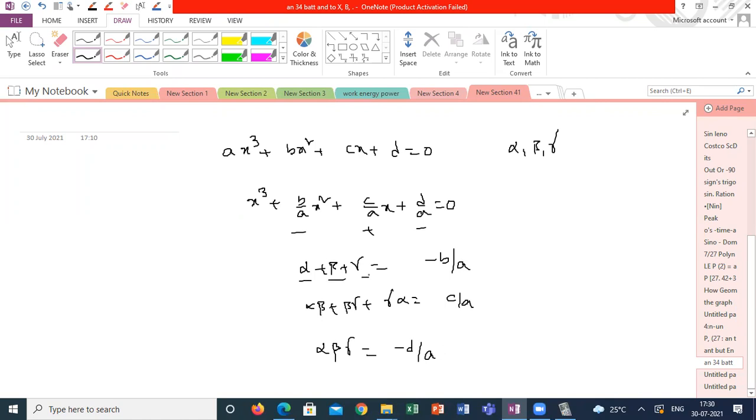Alpha, beta are the zeros of the polynomial, and a, b, c are the coefficients of the polynomial.